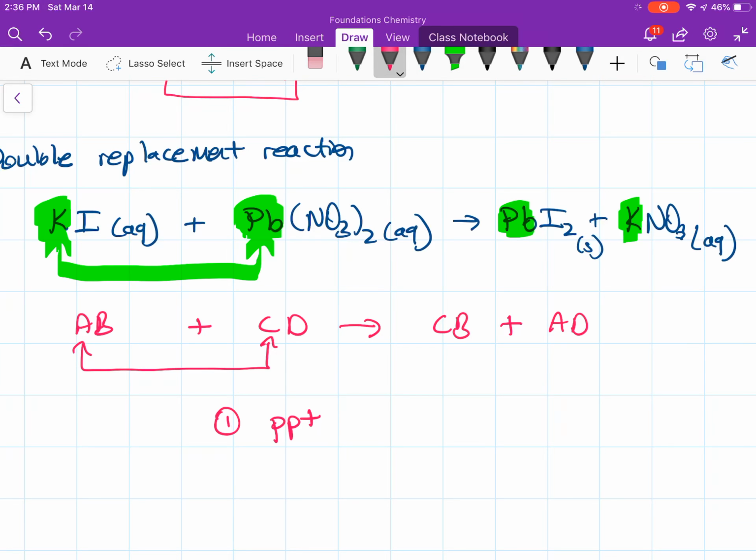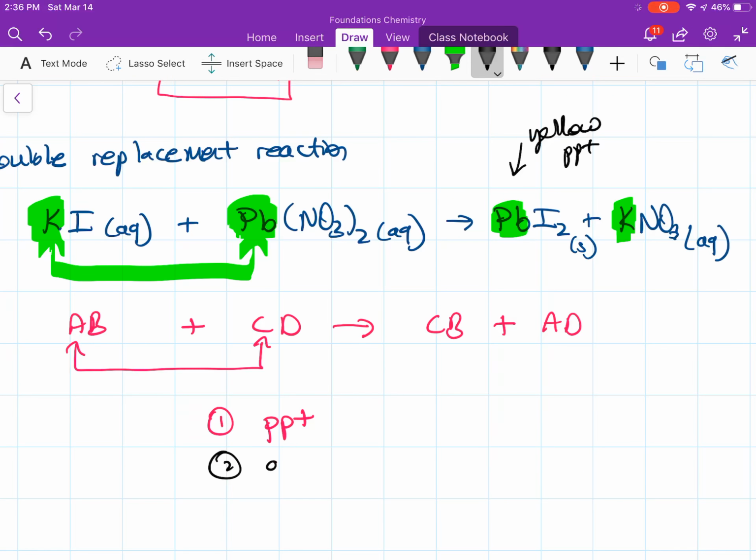And this one makes this beautiful yellow, satisfying precipitate. And you can watch it in slow-mo. I was going to have you guys video it in slow-mo one day when we get back to school in real life. Okay, so either a precipitate will form, or a gas will form, or a molecular compound will form.